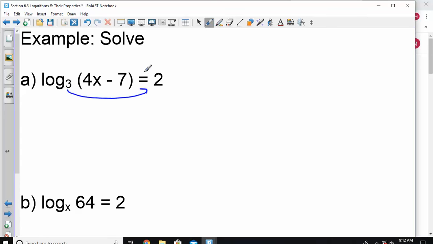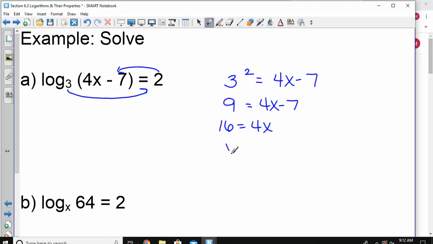So I'm going to make it 3 to the second power equals 4x minus 7. So 3 to the second is 9. Add your 7 over. Divide by 4 and you get x equals 4.